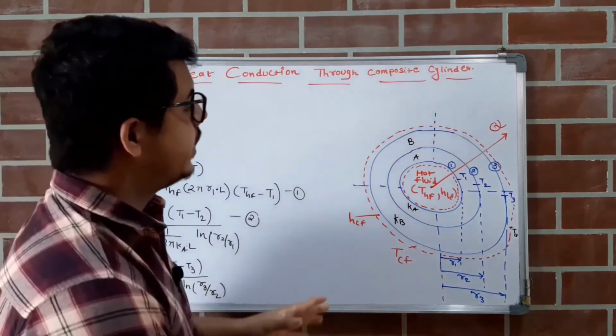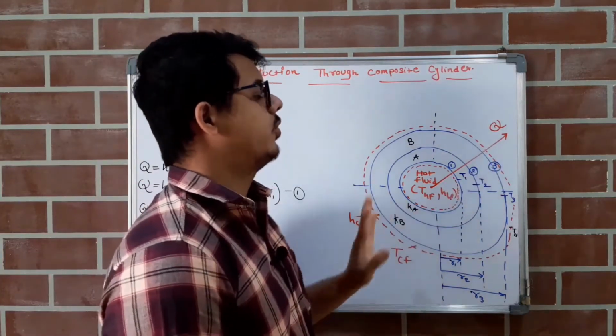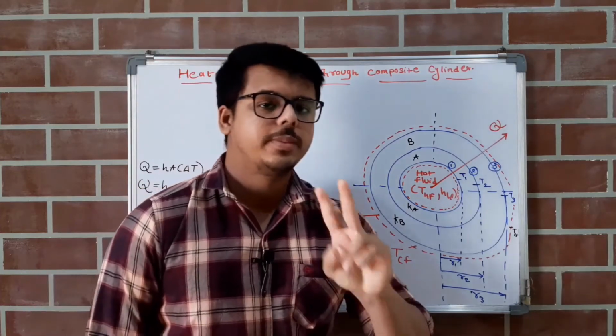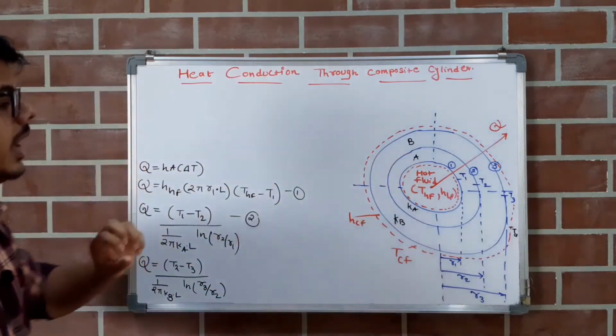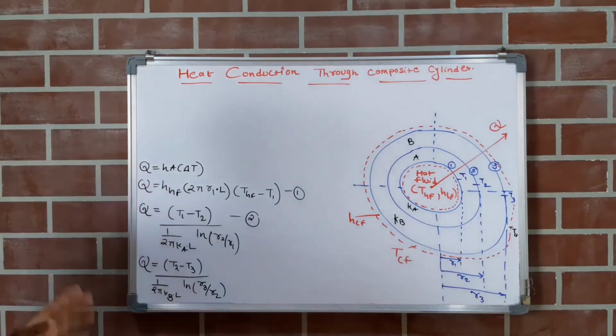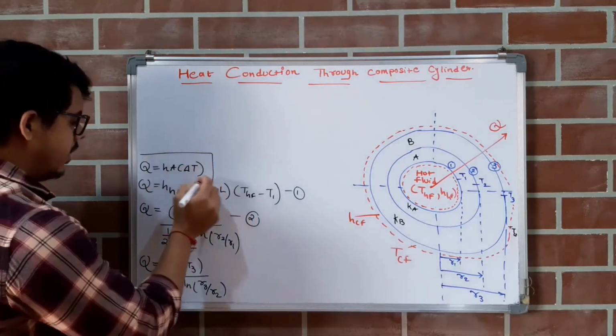Now we want to see the heat transfer rate between point 3 and the atmospheric air. So here we have two different mediums. Whenever we have two different mediums, which formula will we use? We will use the convection formula.